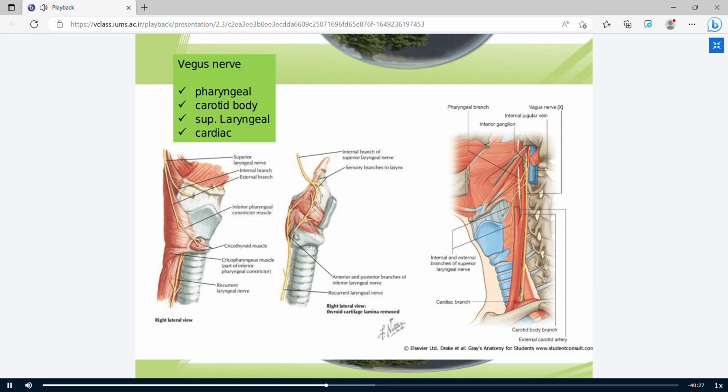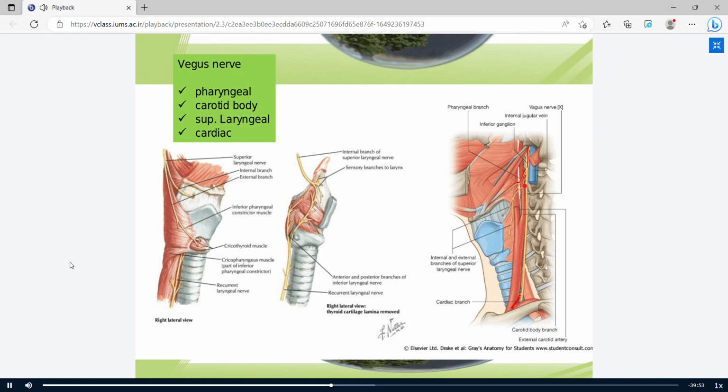the cardiac branch is here, arises from the vagus nerve and goes to the mediastinum and forms the superficial cardiac plexus. It has a pharyngeal branch that goes to the pharynx and, with the glossopharyngeal nerve, forms the pharyngeal plexus.